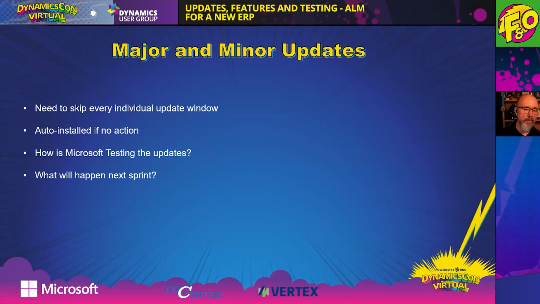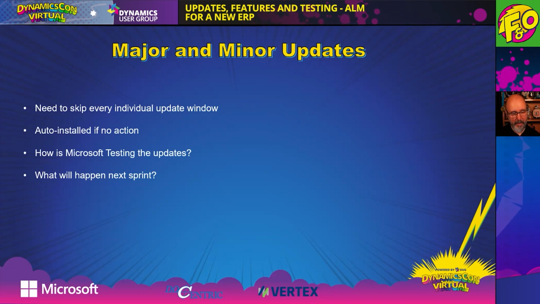Then we look at the updates again. If you want to skip a version, which is perfectly fine, it should be a conscious choice. If you skip a version, then you need to skip every single update window. So you can't say we would like to skip 3 versions.